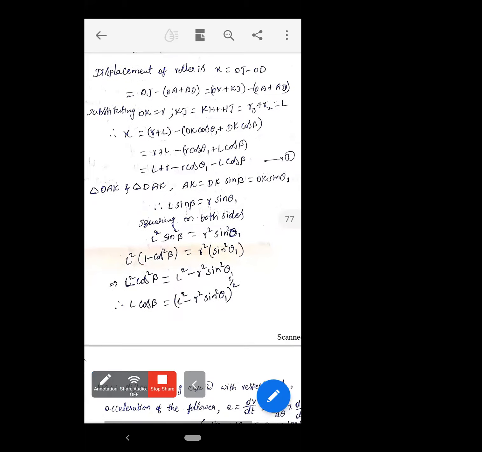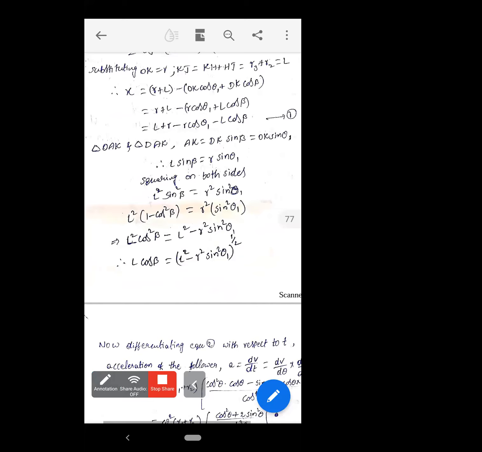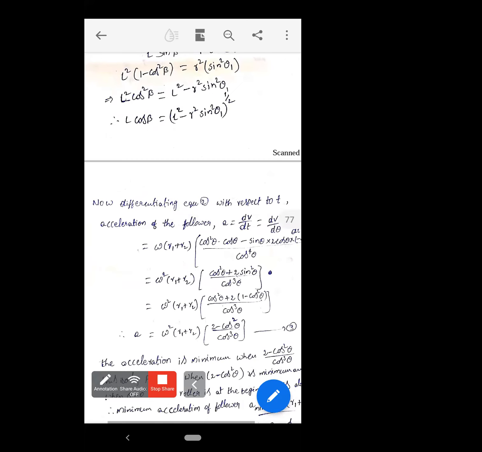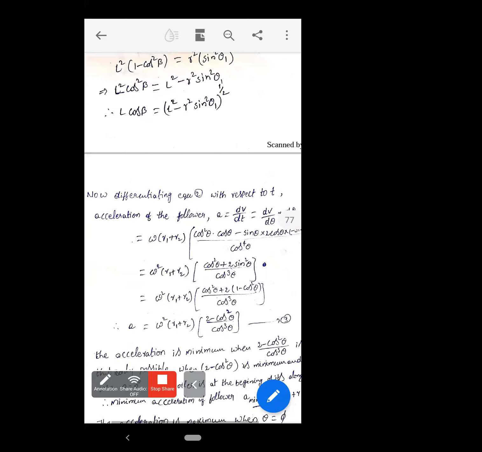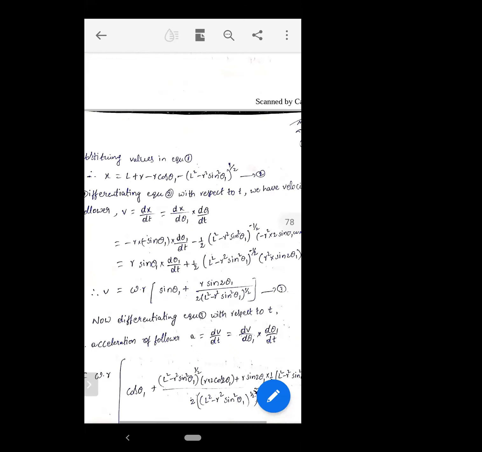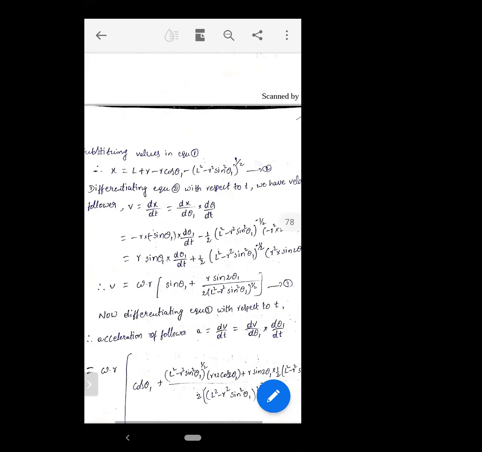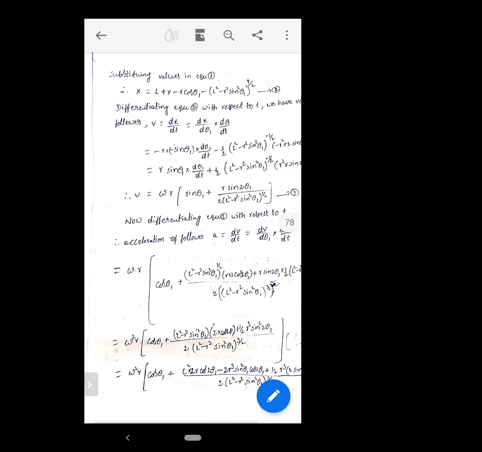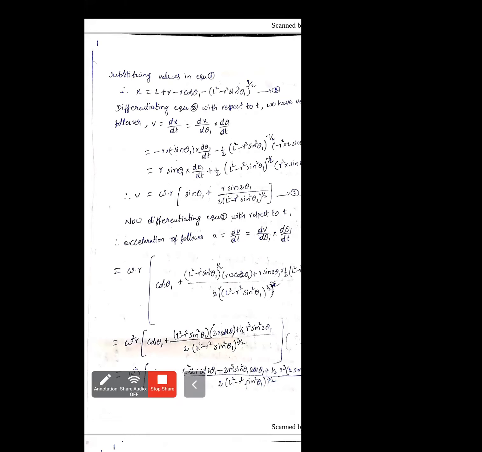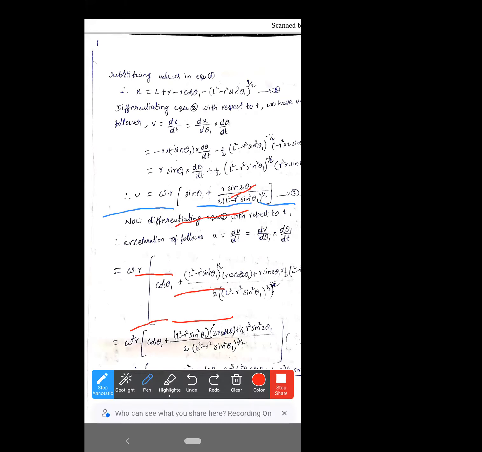So now this value is substituted into our main equation. So what is the main equation? Just you will see that. Substitute the values in our equation number 1.